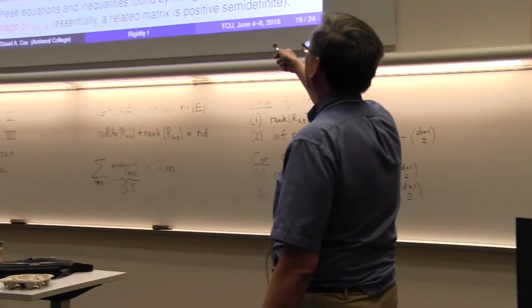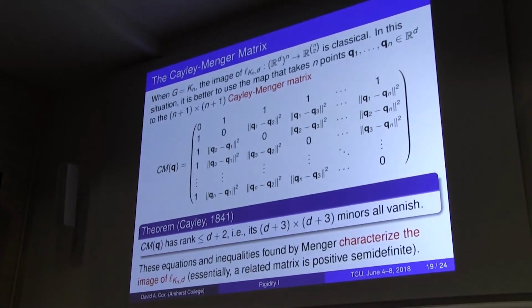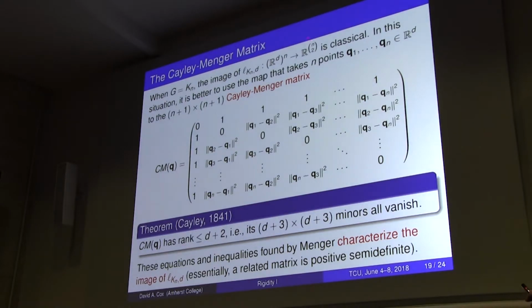So now let's talk about the Cayley-Menger matrix. I'm going to switch to the complete graph on n vertices. In this case, that binomial coefficient is now the number of edges. The image of this map was known in the 19th century.